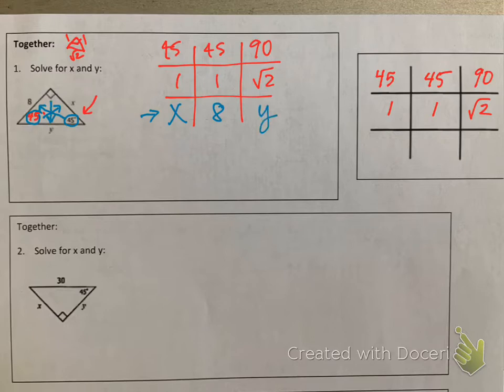So from here, once you have your chart filled out, you're looking at which column has just numbers. Is it the first column, the middle, or is it the last? The first column has an X, the middle has a 1 and an 8, and the last one has a Y. So this is the column that you're looking at. Essentially you're trying to find your scale factor.